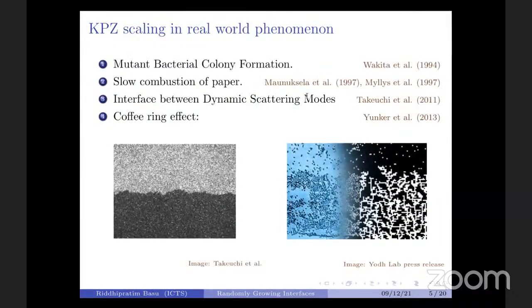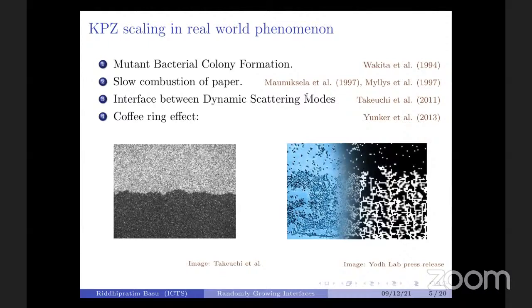And it turns out that many real world phenomena seem to experimentally conform to the predicted behavior coming from analyzing this equation. There are many examples; I have listed only a few. If you look at the boundary of a growing bacterial colony, or at the lines formed when you burn paper slowly, they seem to have similar behavior.